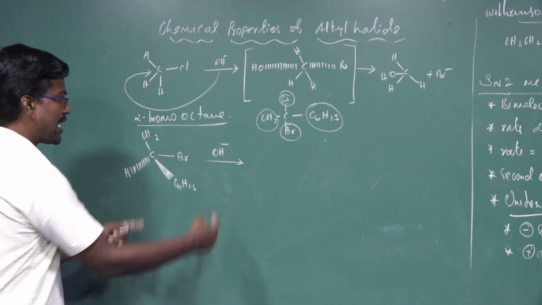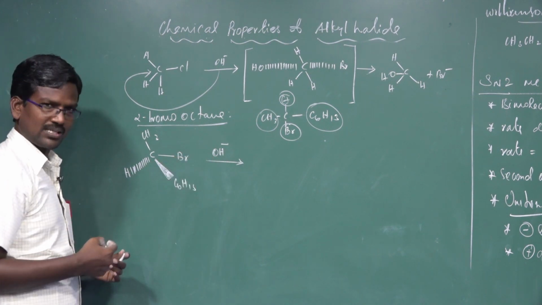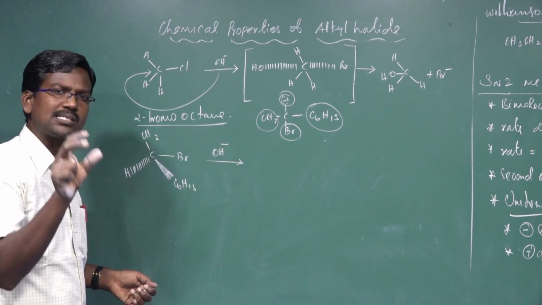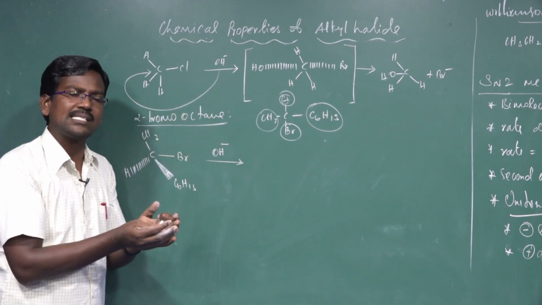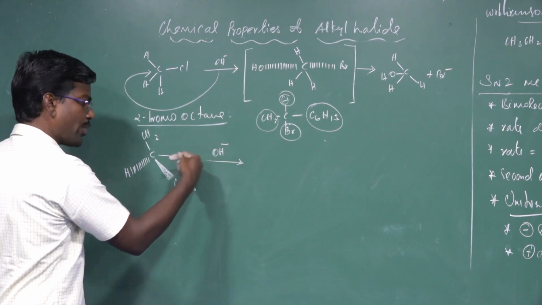That OH minus ion does not attack the front side of the bromine atom, because the OH minus ion is small in size and the bromine atom is large. That's why the OH minus ion does not attack on the front side of the bromine atom.